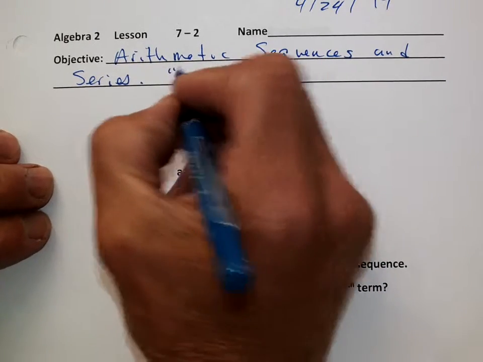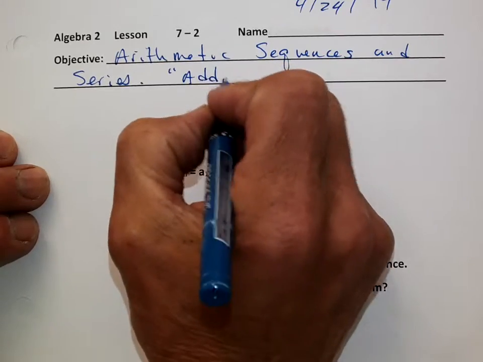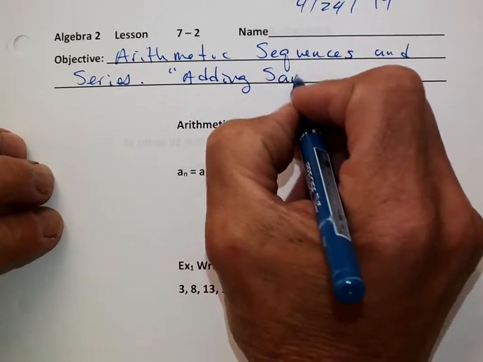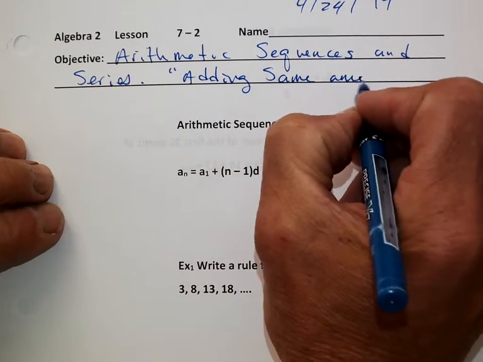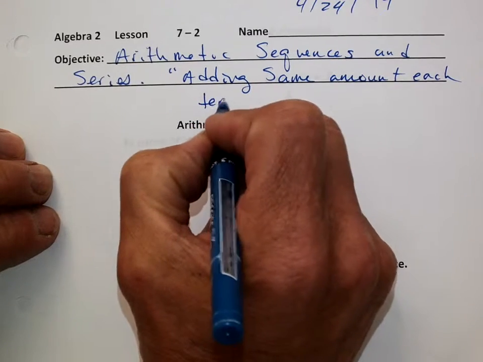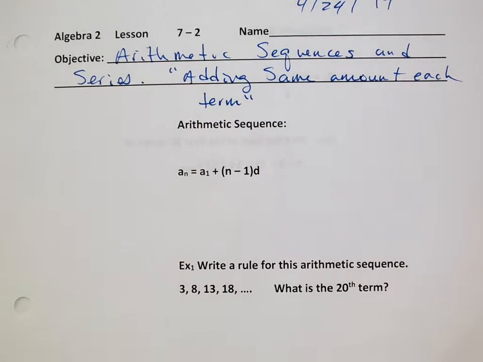So we're adding or subtracting the same amount each term, okay? So if it's arithmetic, we're adding. And it could be subtracting, but it's the same thing each time. Does that make sense?